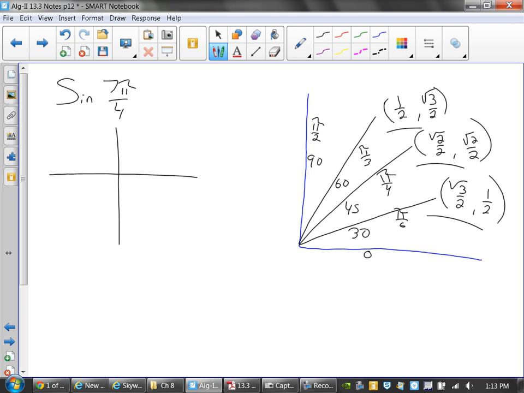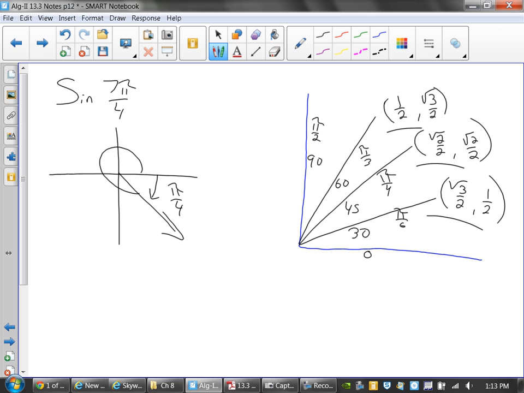And how many are left over? 3. So we rotate around. There's 1 3/4. What is the reference angle? Pi/4. Very good. So my reference angle is pi/4.